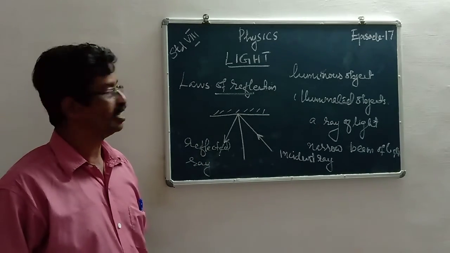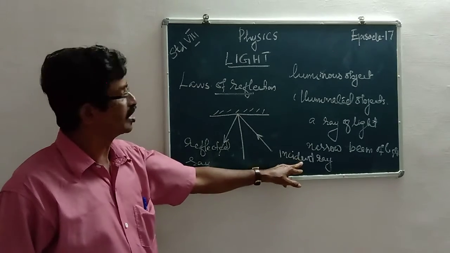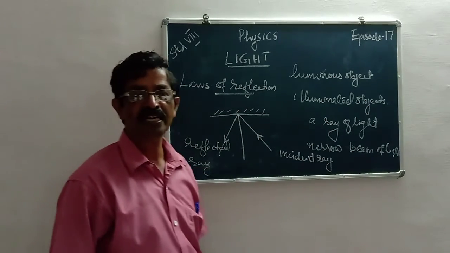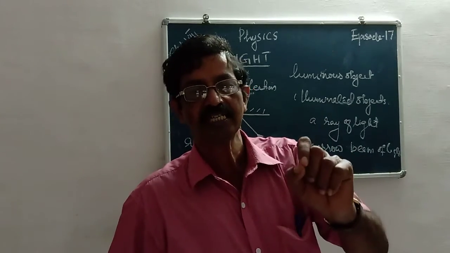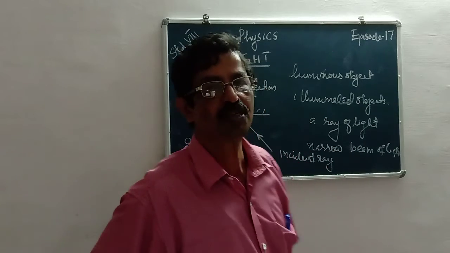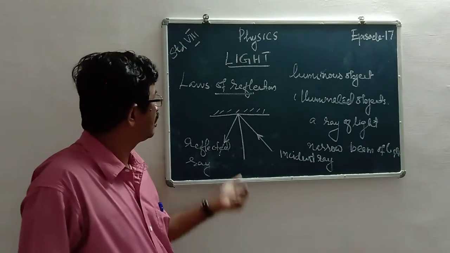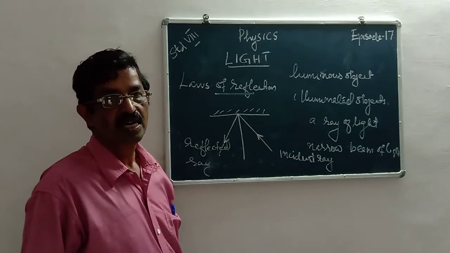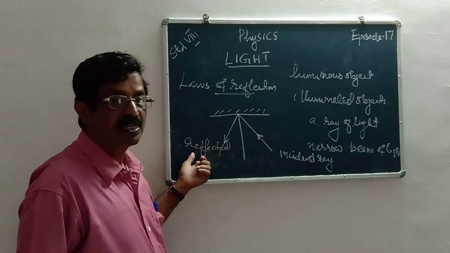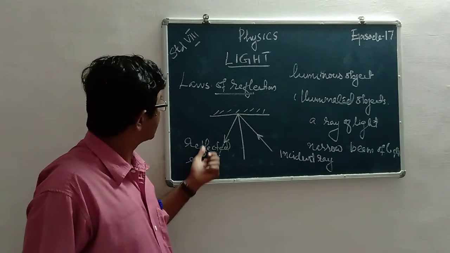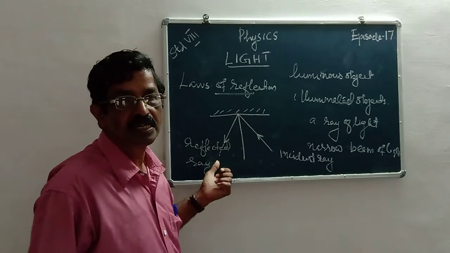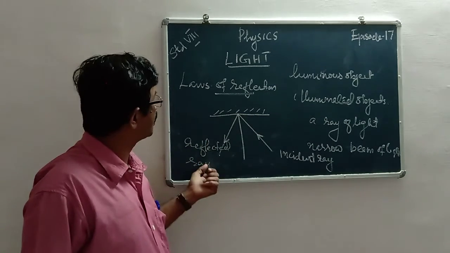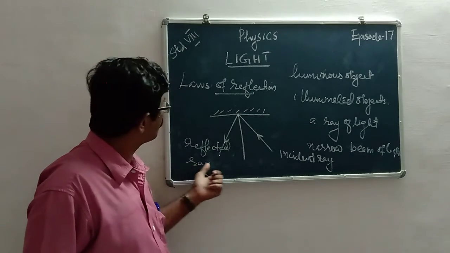Which is this ray? Reflected ray. See here, this is the incident ray. What do you mean by incident ray? The light ray that strikes on any surface is called the incident ray. And what is the reflected ray? The light ray that returns from the surface is called the reflected ray.